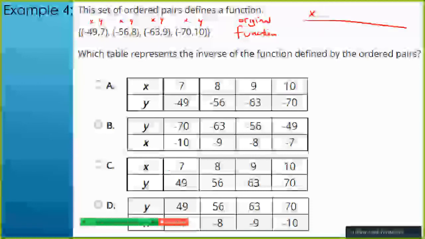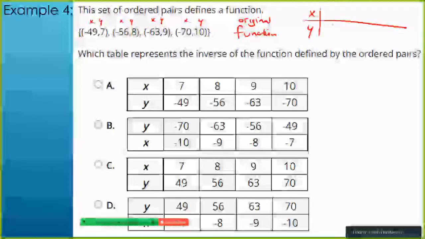and they are not even showing it as f of x. They're just showing it as y. Interesting. So our original table, I'm going to make a table out of the list they gave us. The first point is negative 49, 7. Then we get negative 56, 8. Then we get negative 63, 9.